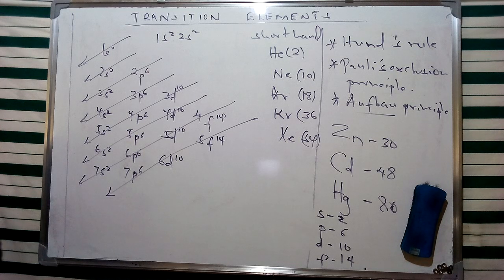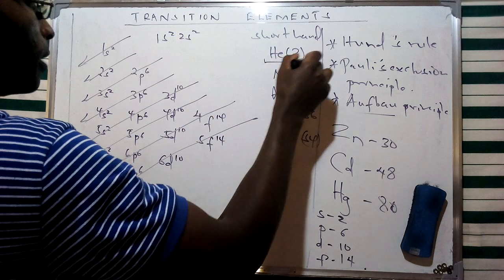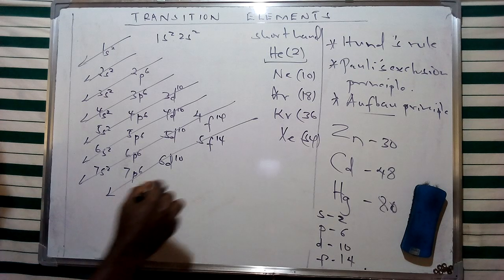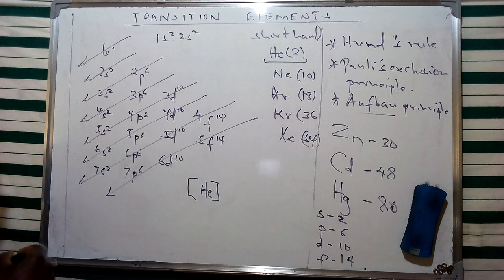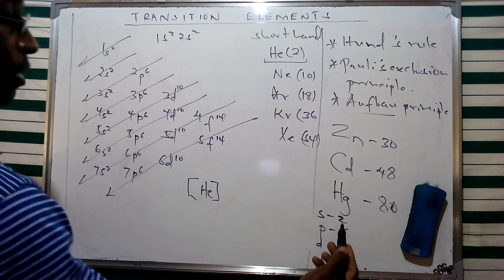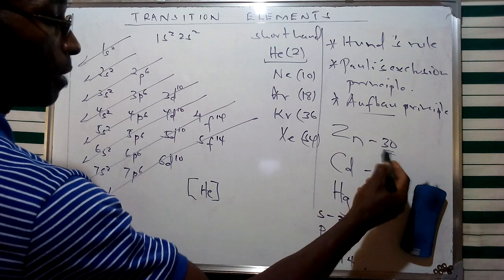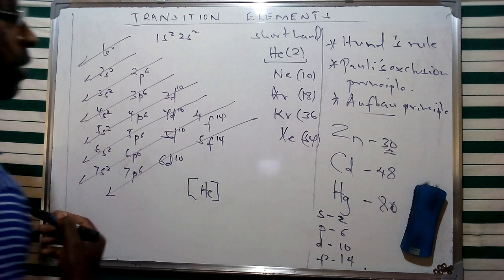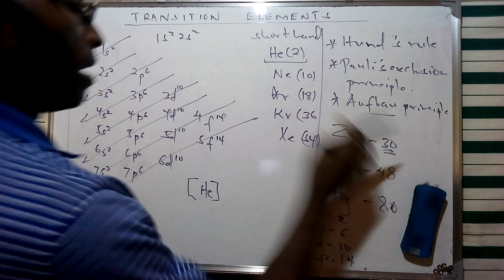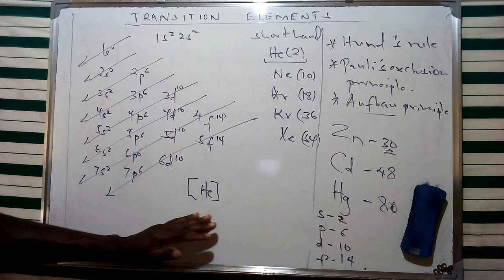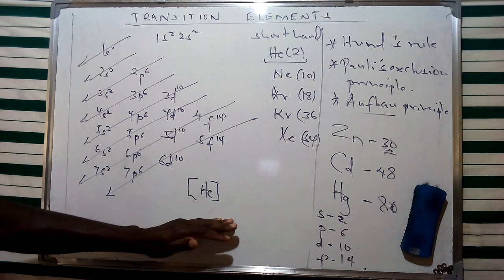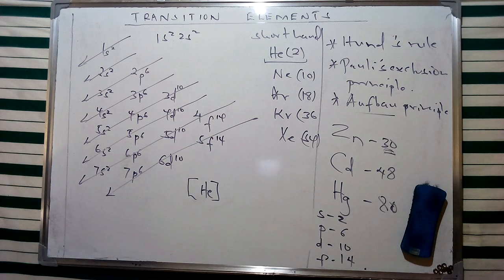At the point where we have the configuration of the noble gases, we're going to give that in square brackets, and then we shall have the remaining orbitals filling up the remaining electrons. So in case we had a configuration for zinc, we're going to assign the noble gas element preceding that element, and that is going to be argon.